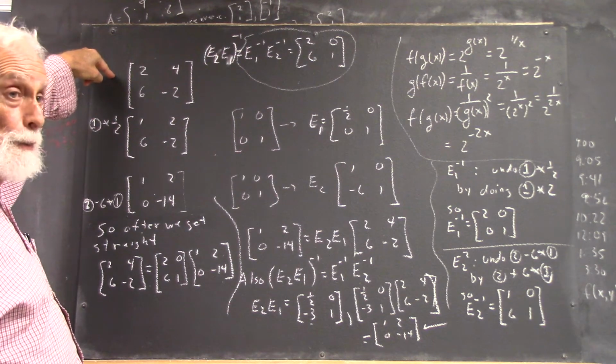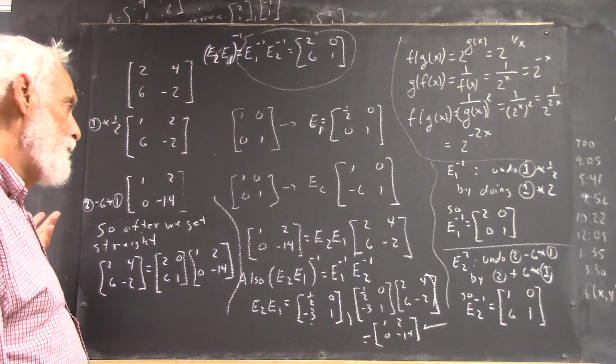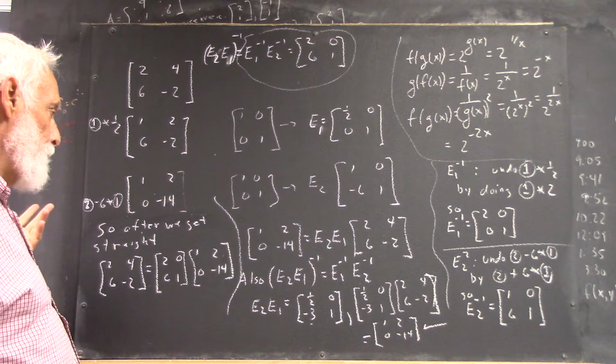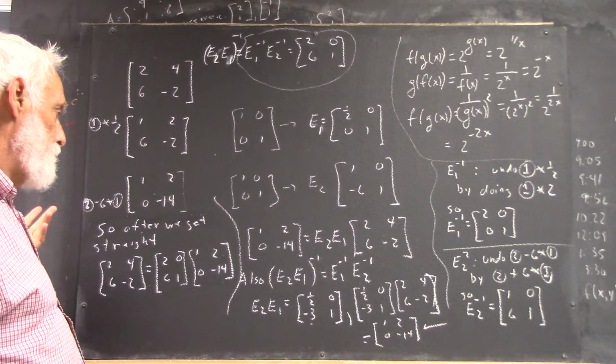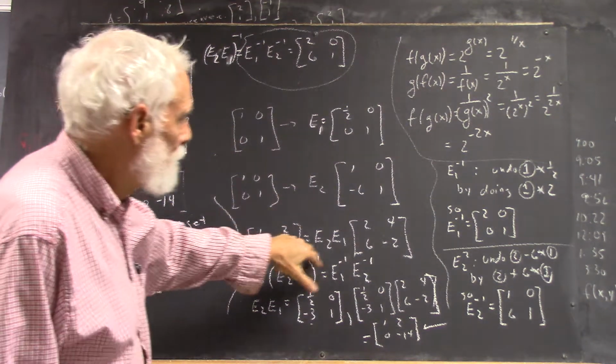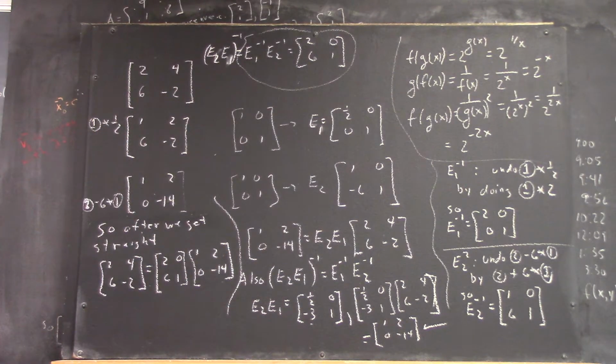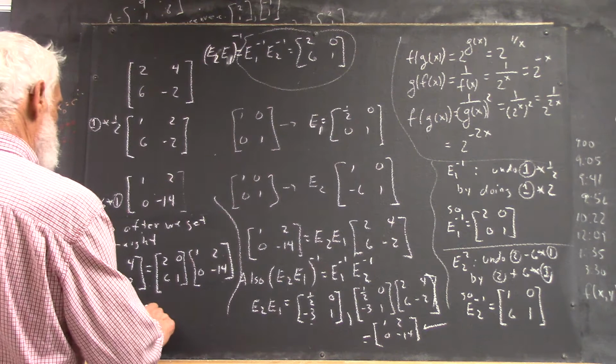Now why should that be? Well, it's because if I multiply, let's be sure I multiply the right one, E2, E1 times this, I get this, okay? So what's this?